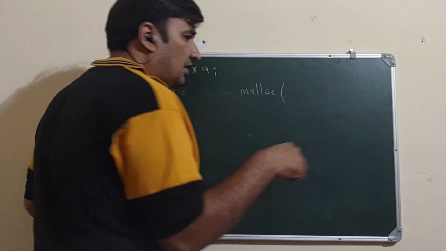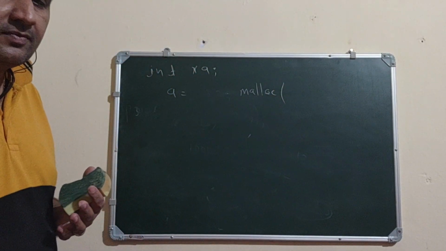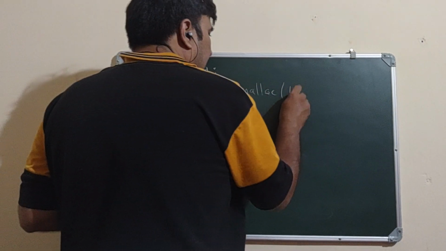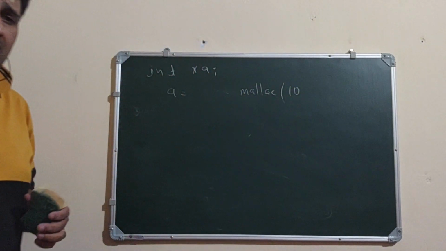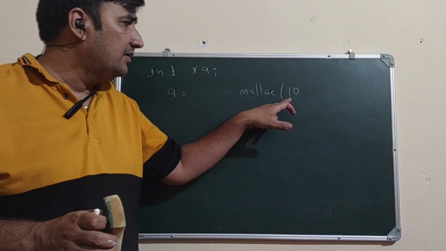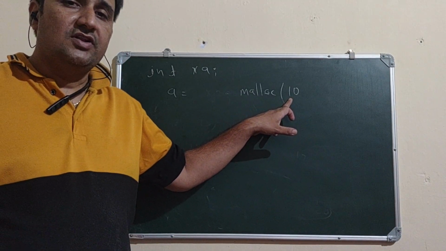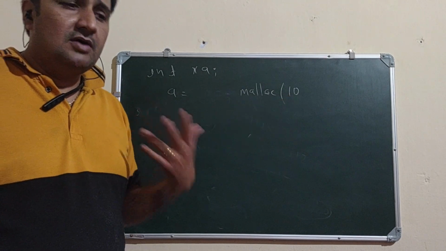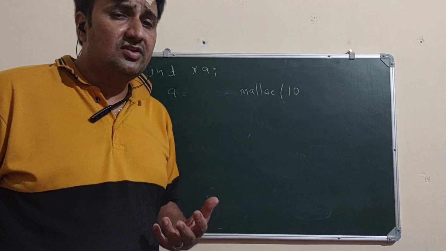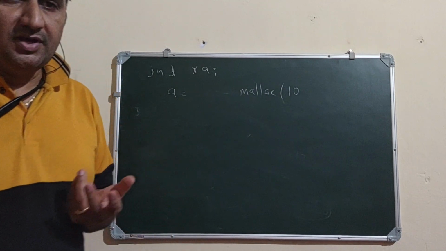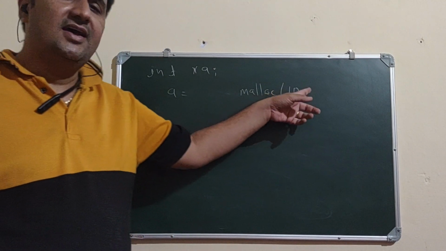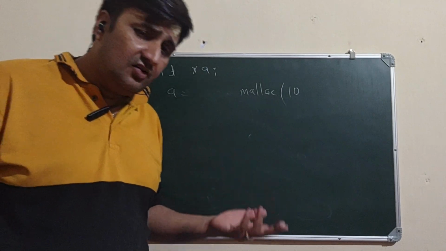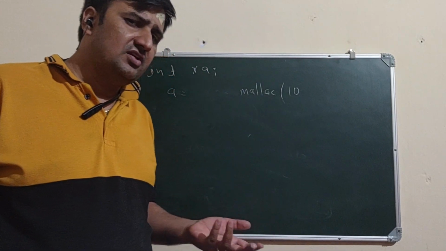So now let us assume I want to create an array of 10 elements. How much memory is required for the 10 integer elements? As I told, the size of the integer may vary depending upon the compiler. I can directly write 2 or 4, but it may run for some compiler and may not run for the other compiler.